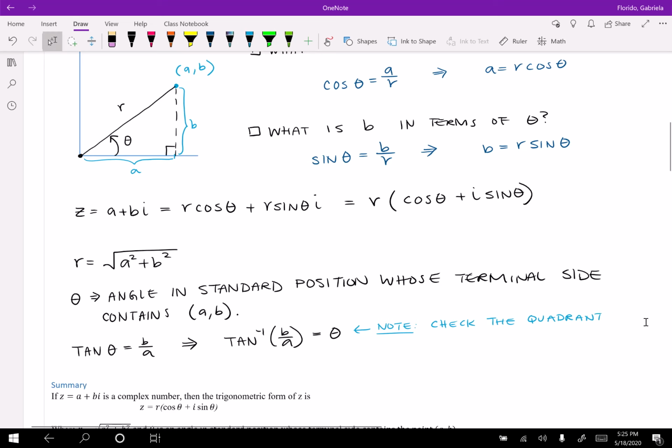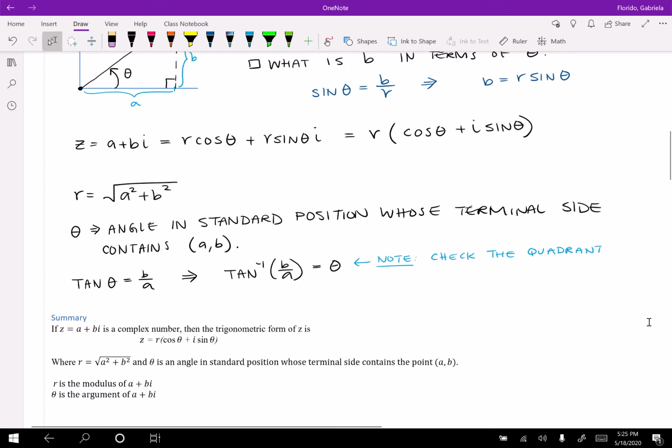So here I wrote down a little summary. A complex number can be written in trigonometric form as r times the quantity cosine of theta plus i sine of theta, where r is equal to the square root of a squared plus b squared.